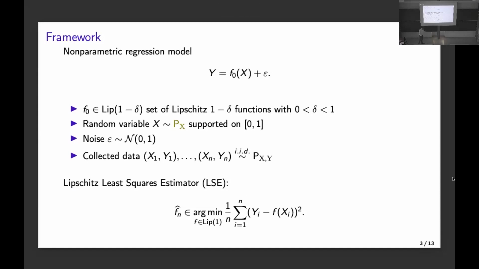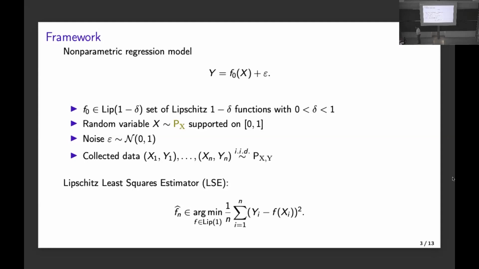Because we're talking statistics, I have to introduce a framework. I'm talking about a non-parametric regression model, a very classical model. The output variable y is linked to the variable x through a function f0, and there is an additive noise. We assume that the function f0 is a Lipschitz function with a Lipschitz constant that is at most 1 minus delta, where delta is a constant between 0 and 1.